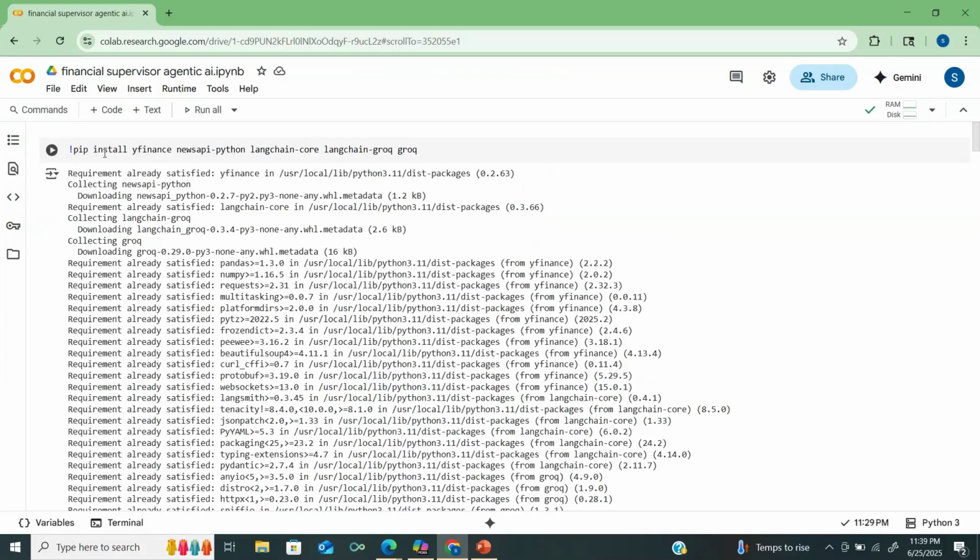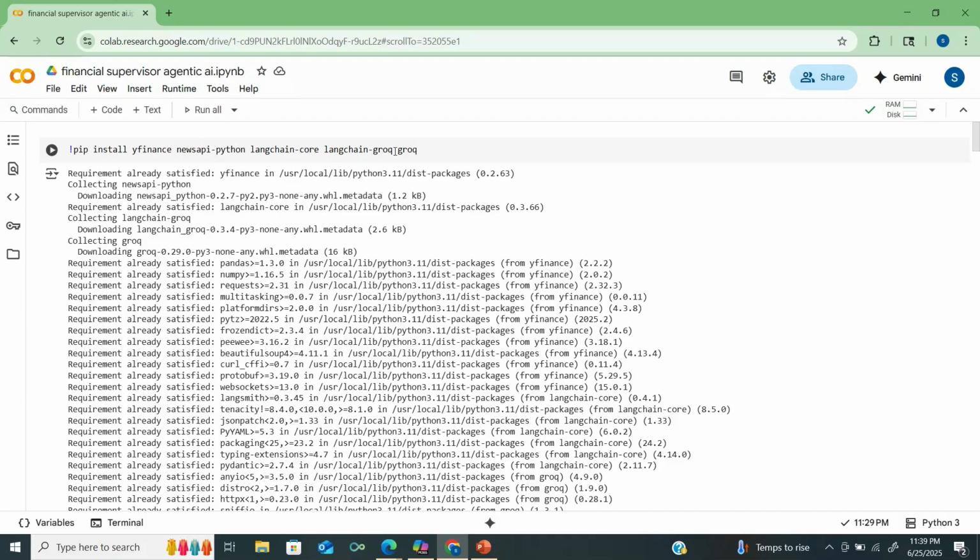So for this to run, we need to install the required libraries. yfinance is used for getting all the financial metric data from Yahoo Finance, and the News API Python package is used to get the top related news of that particular stock, from all the news articles.